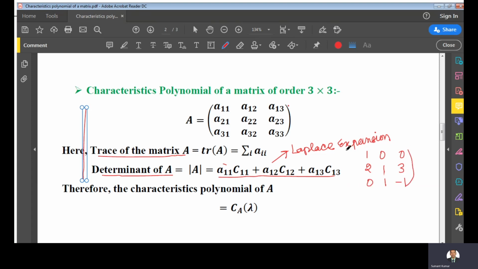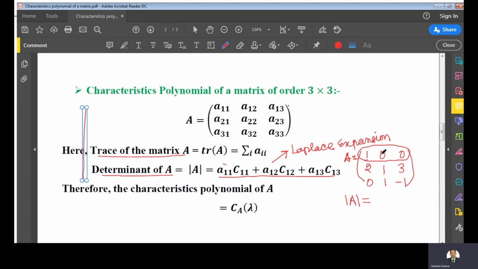What will be the determinant using this method? Along which row will you expand it? Definitely you will expand through the first row. Why am I choosing this row? Because here the number of zeros is maximum. You can note it down.